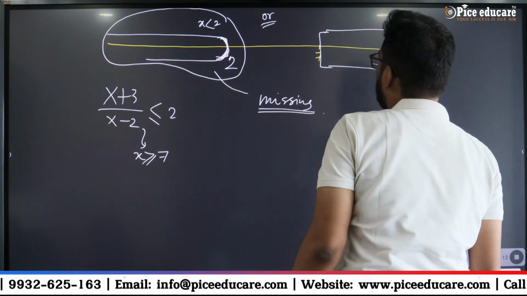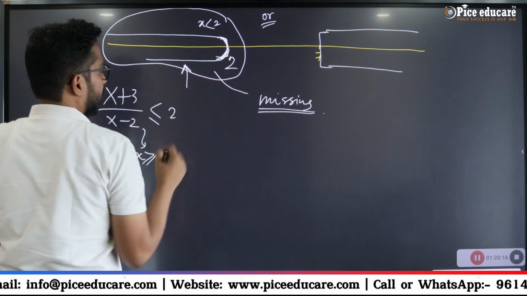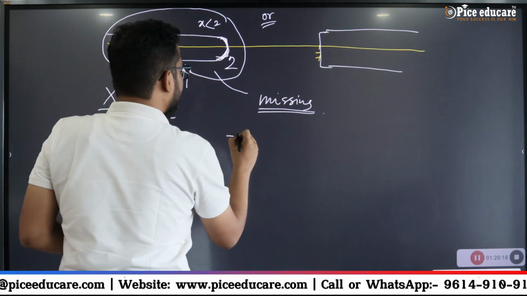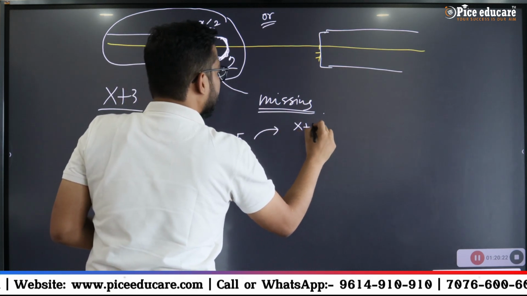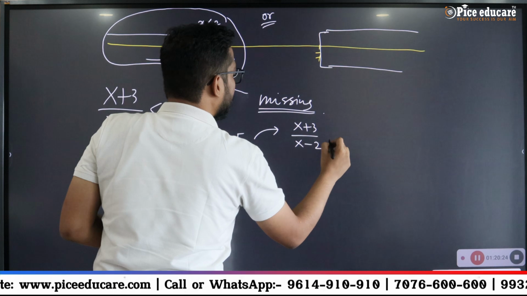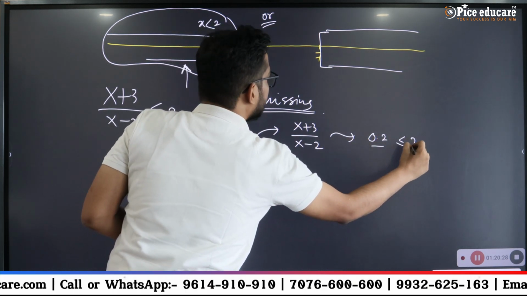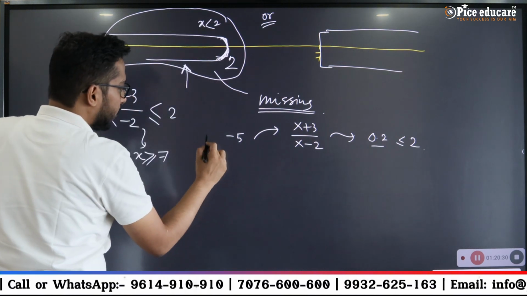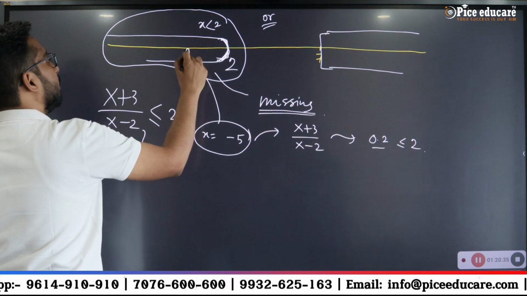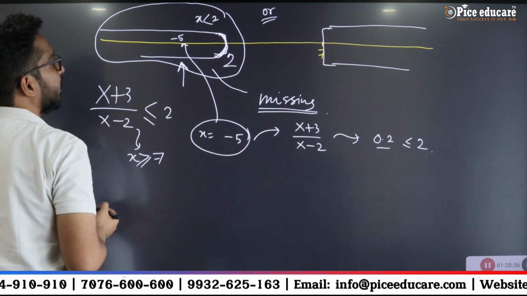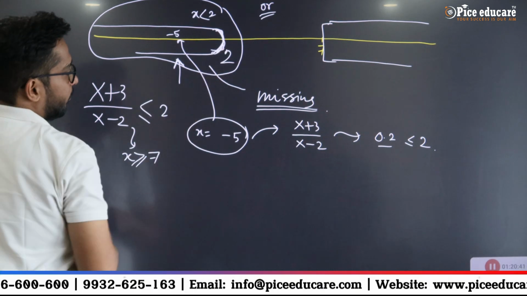So this is something that we missed. That's why when I put minus 5 in place of x, x plus 3 by x minus 2 took you to this fractional value, which is okay. Now look at this. x being minus 5 is absolutely in this region, right? So minus 5 is somewhere here. It is on the left hand side of 2, right?